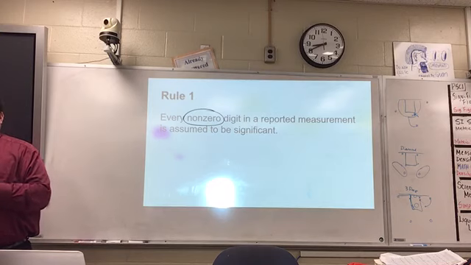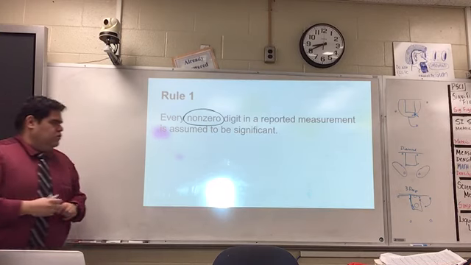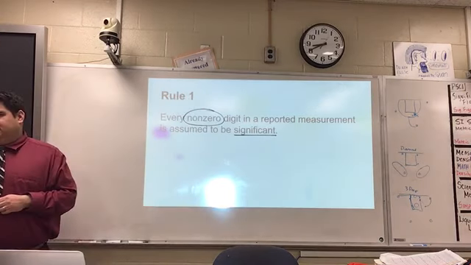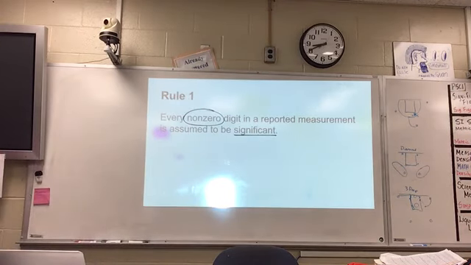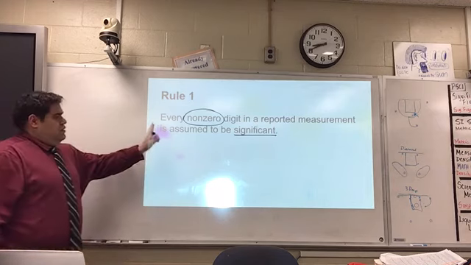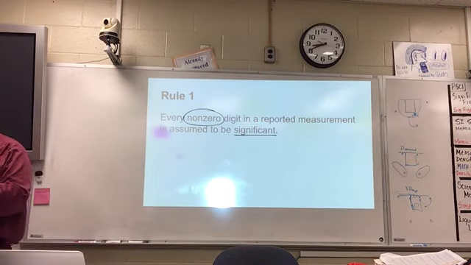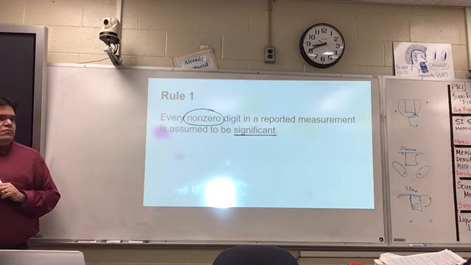Rule 1 is the easiest rule in the world because it simply says this: if the number is not a 0, then it is significant. Meaning, if the number ain't 0, it counts. I'll say it again.